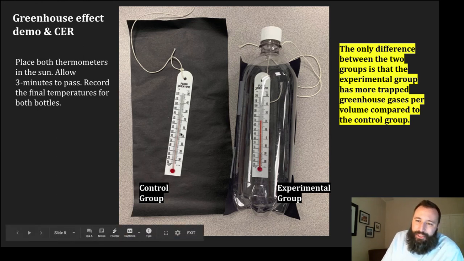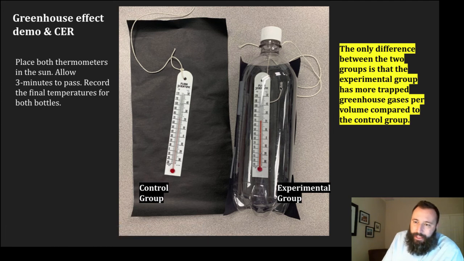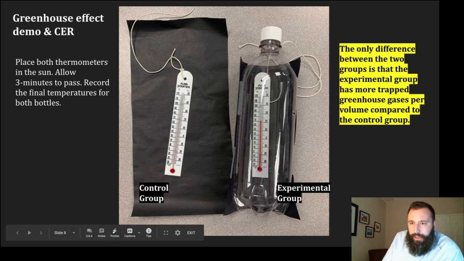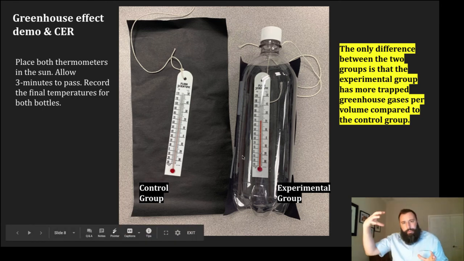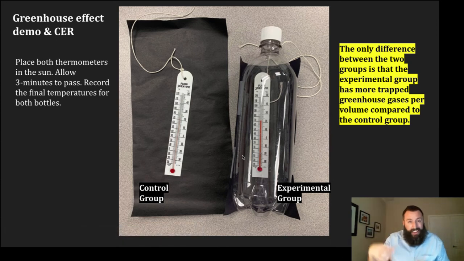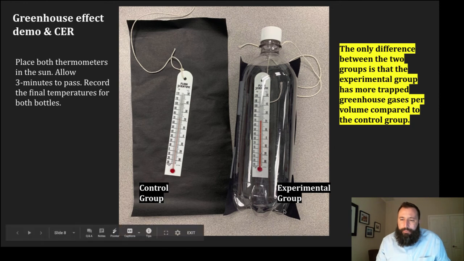What we're interested in doing is simulating the greenhouse effect, right? Think about what the experimental group is here on the right. The bottle is going to represent the atmosphere itself, right? It's the greenhouse gases. It's this idea of a trapped blanket of gases within this bottle.